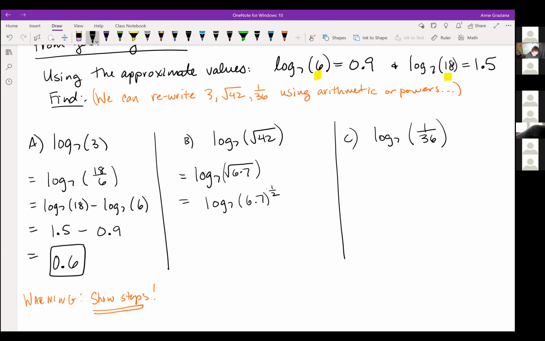That allows me to parachute this exponent down in front. And now I can use my product rule. Okay, so we're going to break these apart. This is 1/2 times the quantity, log base 7 of 6, plus log base 7 of 7.